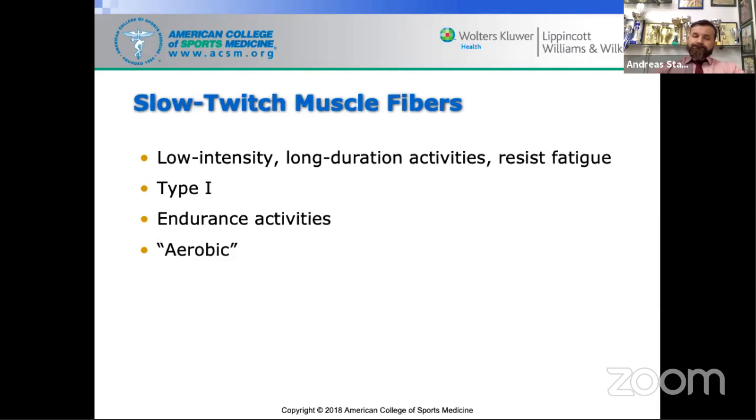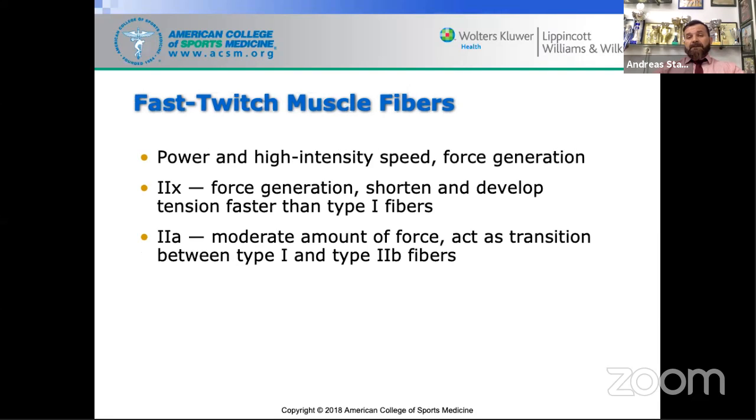Type 1: aerobic endurance activities, right? Like a marathon runner, you would expect them to have more type 1 than type 2, right? They have a high resistance to fatigue, of course, but they cannot produce a lot of power. And type 2 is kind of the opposite, especially 2X, right?